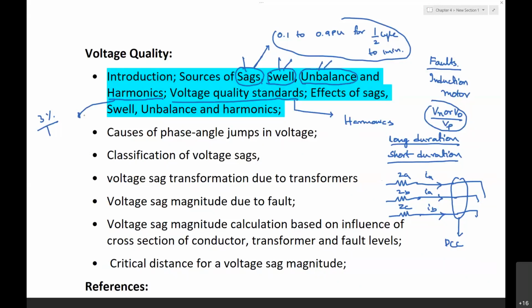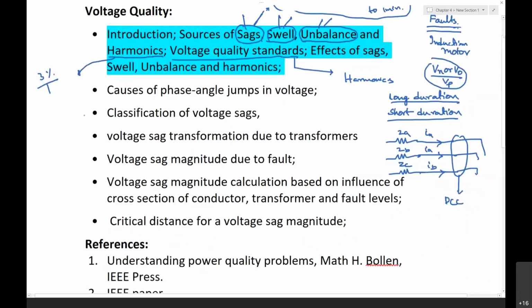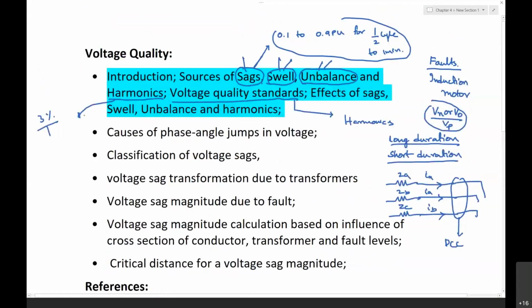If you consider the effects of a sag in a system, one of the basic problems when you have a voltage sag is that the performance of sensitive loads is not satisfactory.